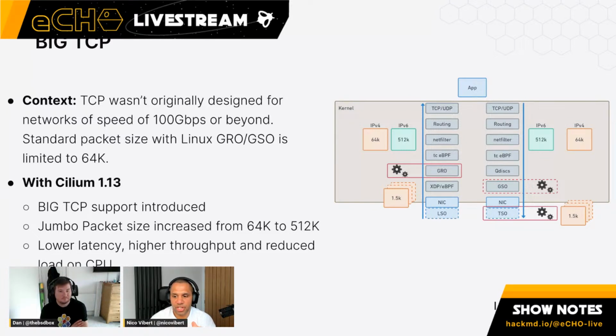We use GRO and GSO within the Linux kernel to aggregate packets together, but that went all the way up to 64K, and you couldn't go beyond 64K because the header length field was to the power of 16 or something like this.